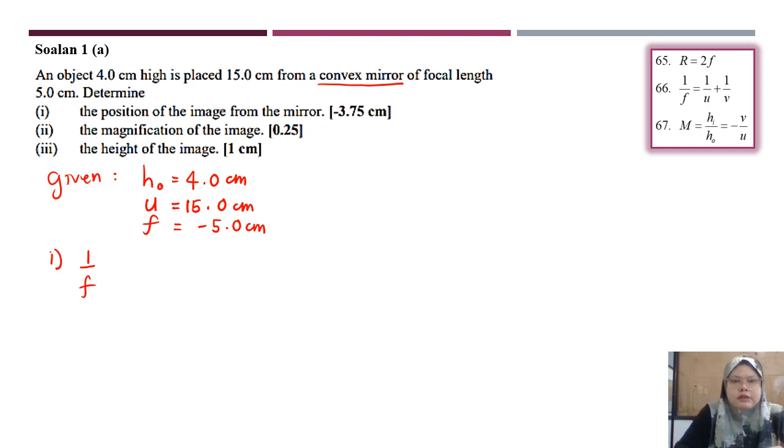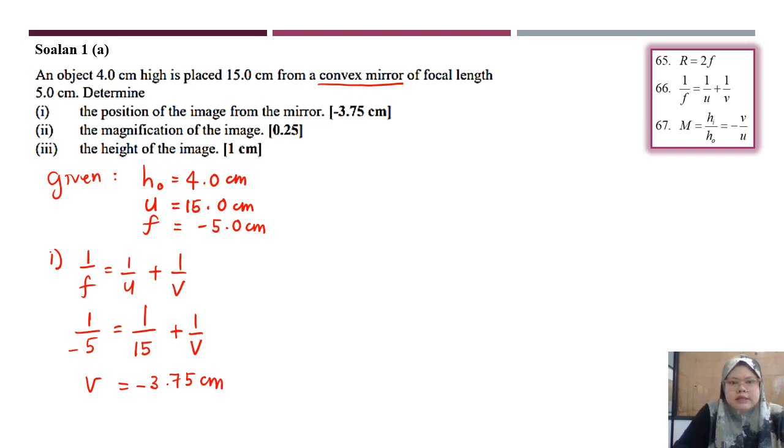So now we'll use equation 66: 1 over f equals 1 over u plus 1 over v. Substitute 1 over f, which is negative 5, equals 1 over u, which is 15, plus 1 over v.